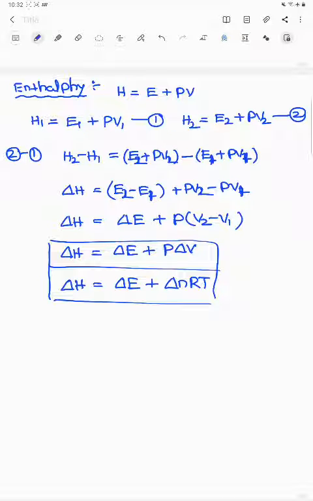Next term is types of properties, that is intensive property as well as extensive property.